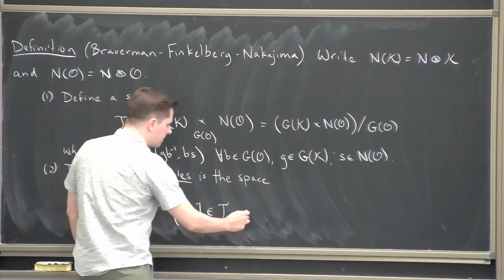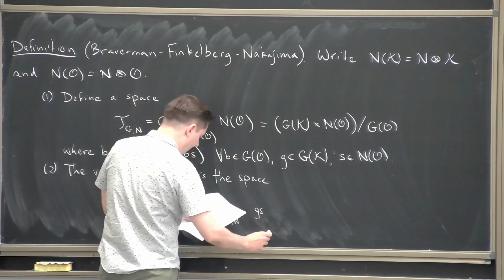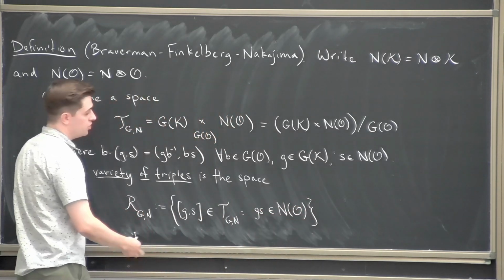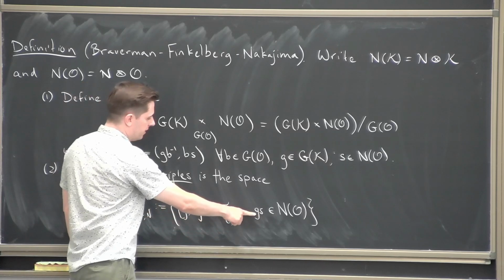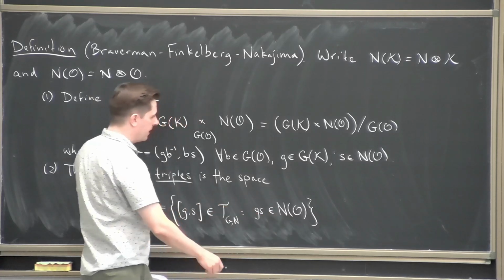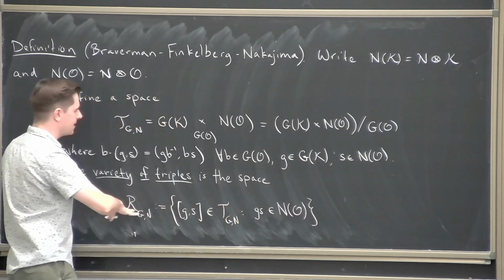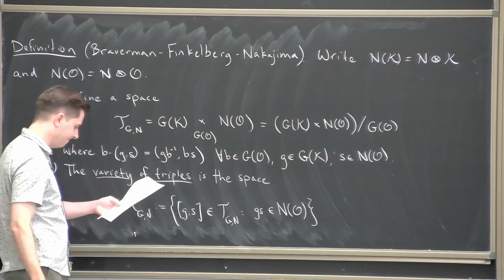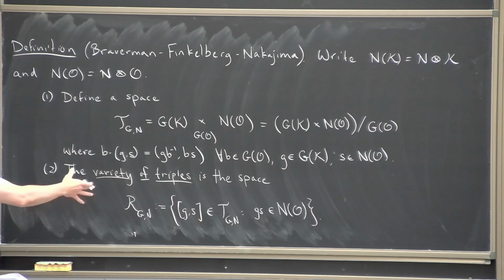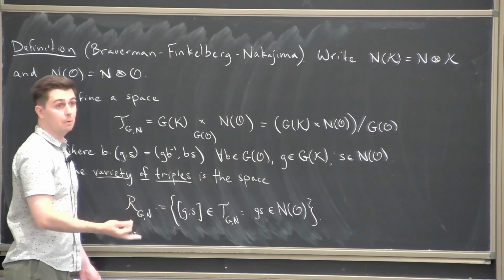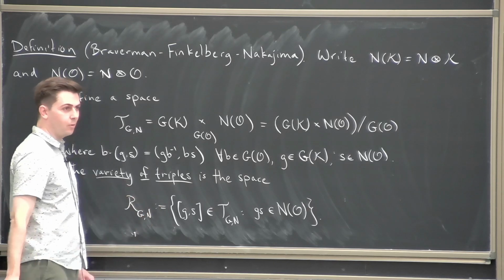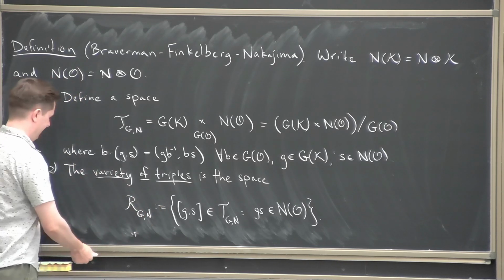You consider such pairs for which g acting on s lives in N of O. So in general, if you act on s by a K point of G, you expect to get something in N of K, and so this is a condition that cuts out some kind of subspace of T. And maybe it's confusing because it's not obviously a variety of triples, but there's another different way I could define this where it would clearly be triples of data. That's where the name comes from.